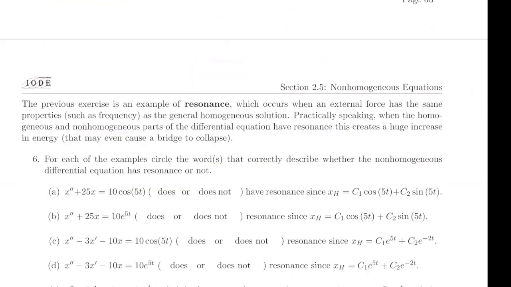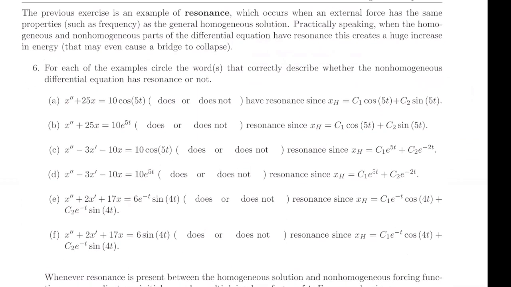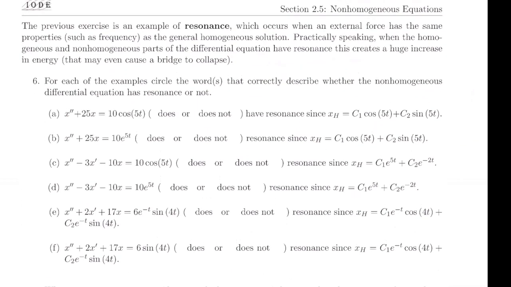Okay, so this is what I want to think about before we go today. We can think about the first couple of ones together. What I've done here is, for each of these, I've found the homogeneous solution using the process we were working on last week.